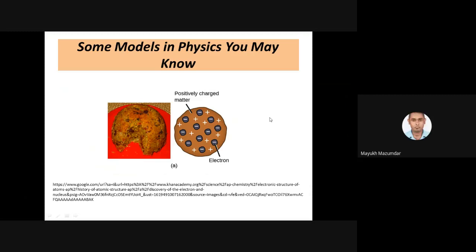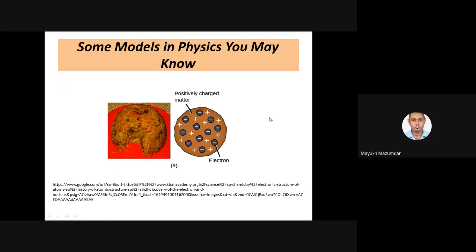The plum pudding model was put forward by J.J. Thomson, who assumed that the atomic structure is like a plum pudding or a fruit cake, where the bulk is like an ocean of positive charge, and like nuts or fruits, negative charges have been sprinkled on it.